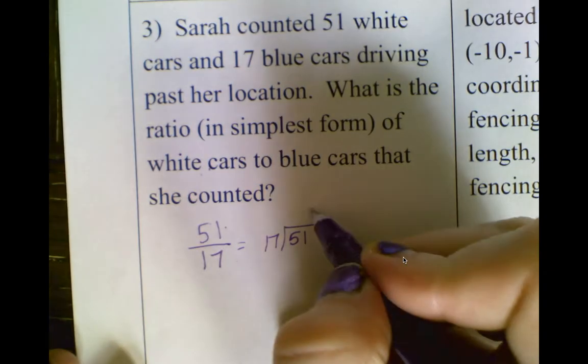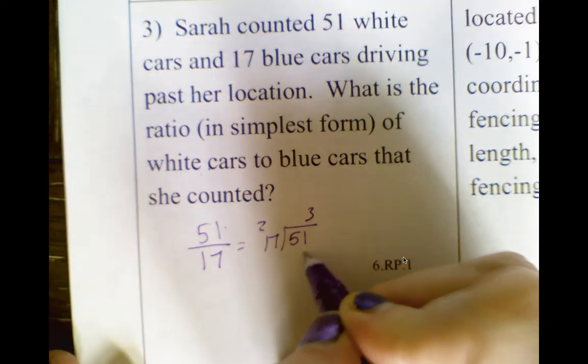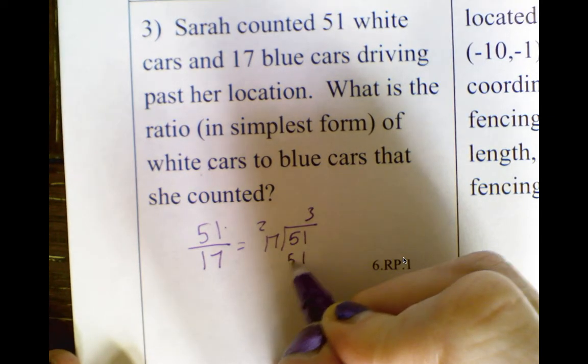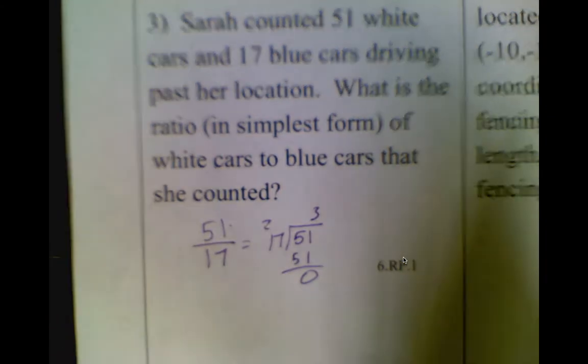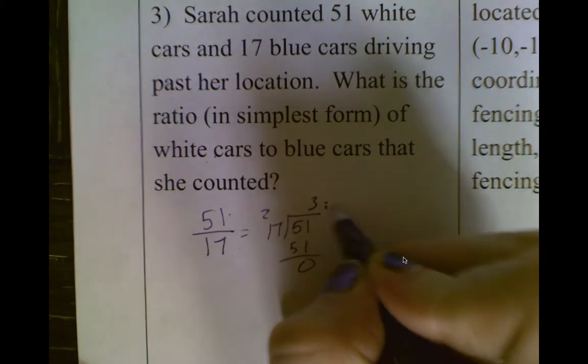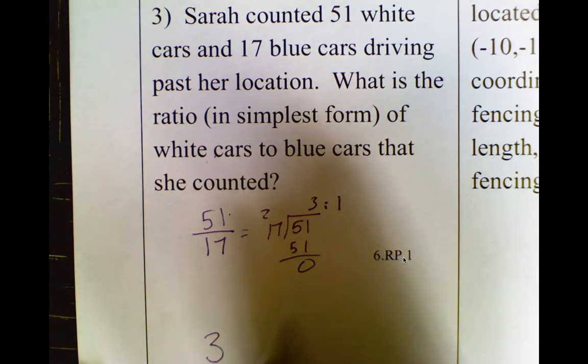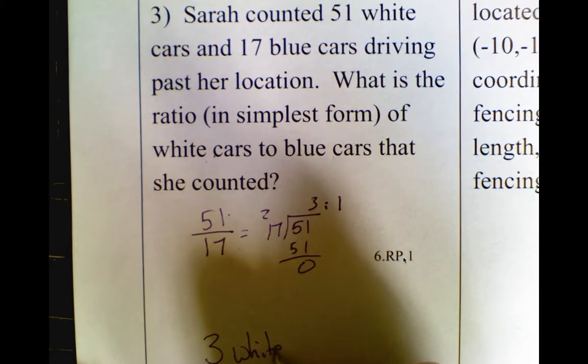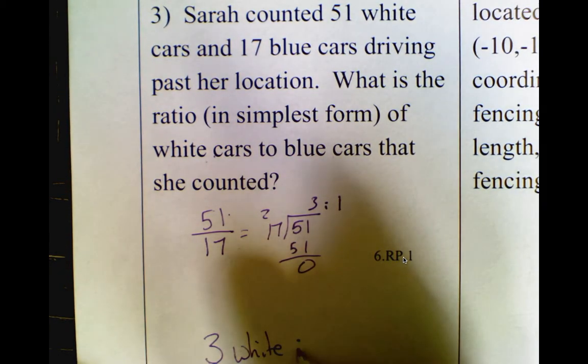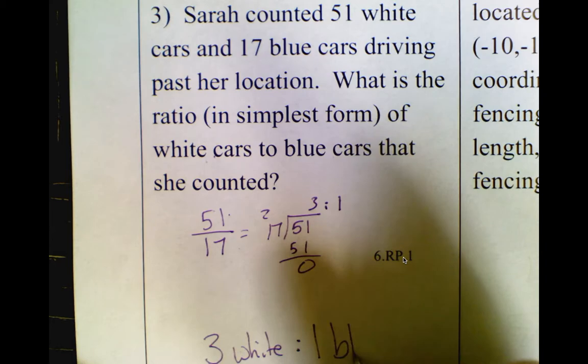So let's guess 3 times. 3 times 7, 21. 3 times 1 plus 2 is 5. So exactly 3. So that means 3 to 1. So we're going to say for every 3 white cars, we got 1 blue one.